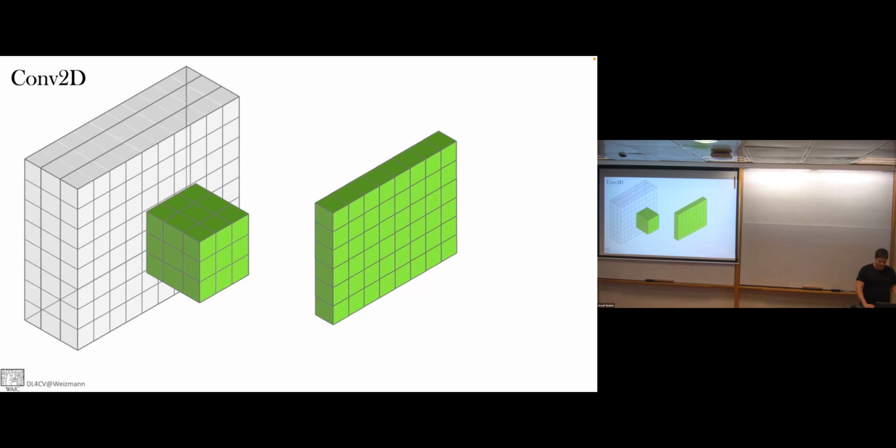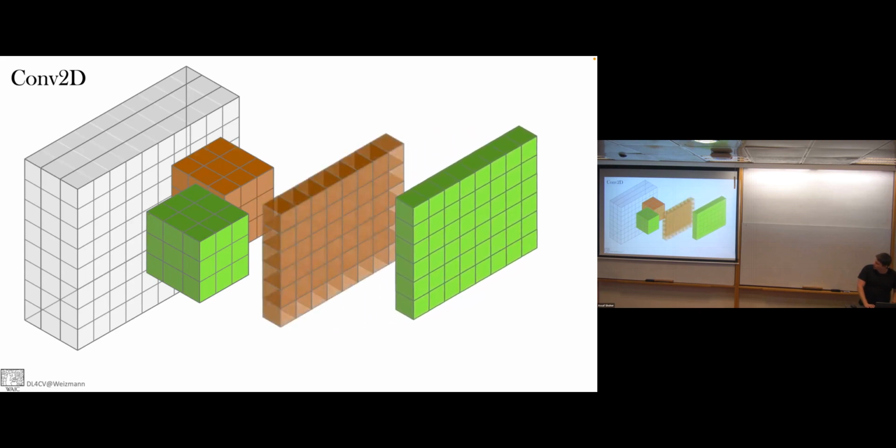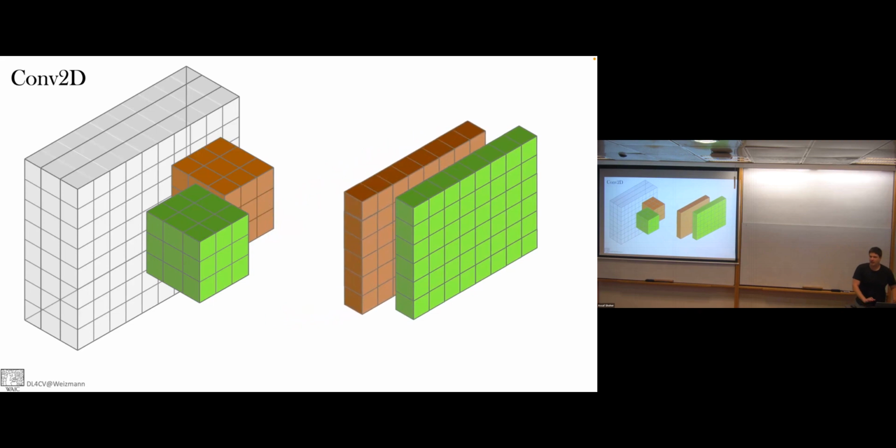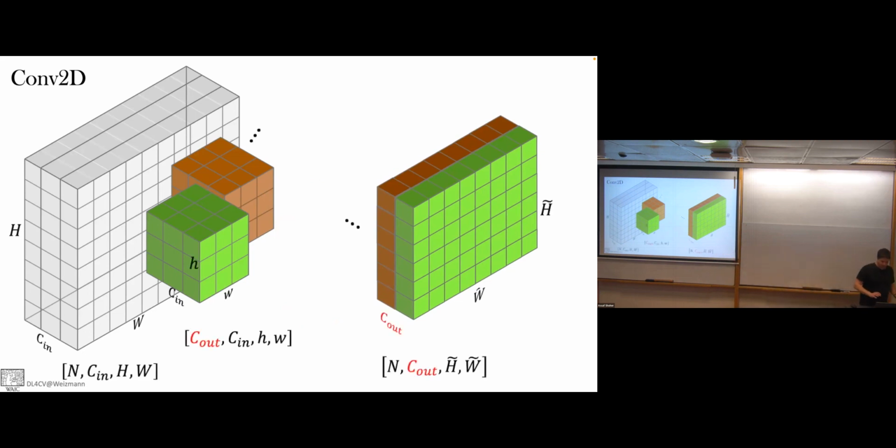So we had the green filter, so we can simply have more of these. And then we will have this red filter, which will produce another channel, and we can have, I don't know, 256 of these filters, and then I will have 256 output channels here. Which brings us to rethink about the filter and all the sizes.